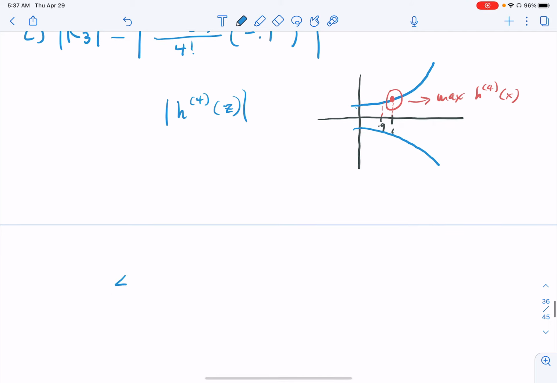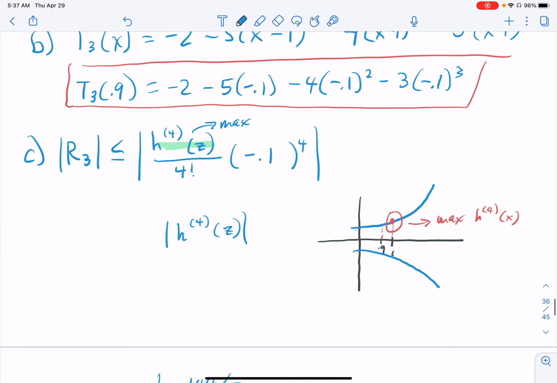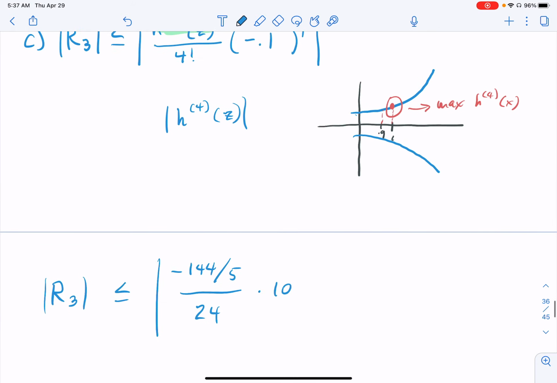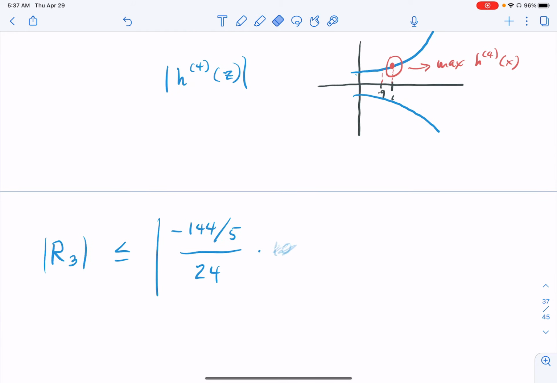All right, so I'm going to rewrite some stuff. This is going to be less than or equal to 3 times the absolute value of negative 144 over 5, over 4 factorial, which I think is just 24. And then we have times 10 to the... actually, it is going to be 10, right?